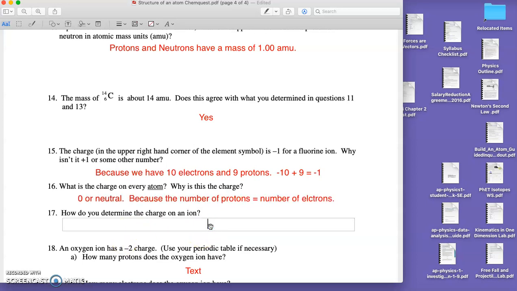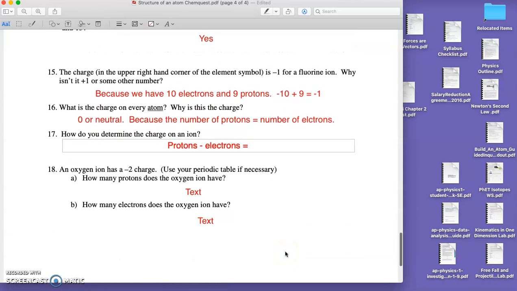And so how do you determine the charge of an ion? You take, like we did there, protons minus electrons. And if it's a negative, it's a negative charged ion, and if it's a positive, it's a positive.